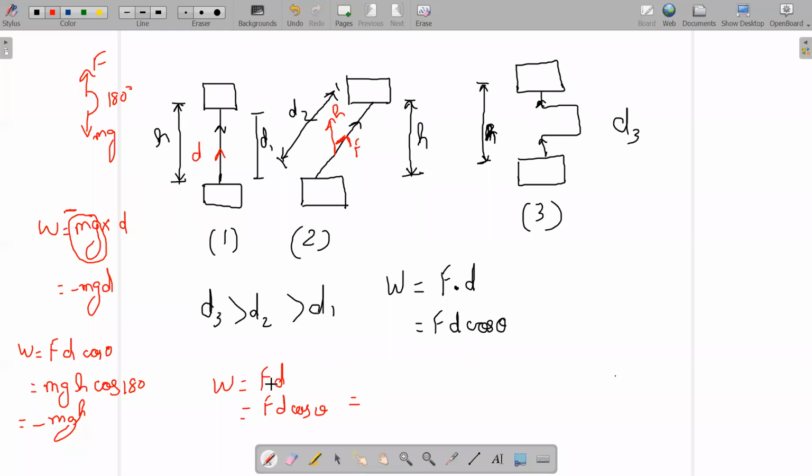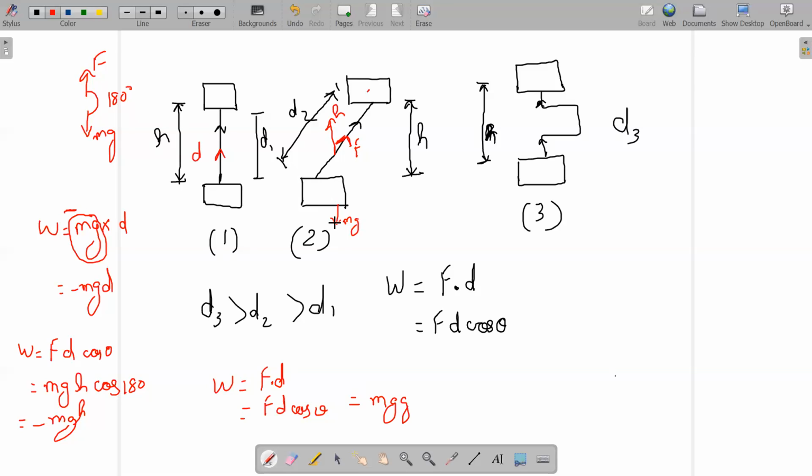The force acting on it is mg in this direction, and we are lifting this block from this position to this in the opposite direction, so we have to apply a force mg in the opposite direction, as in the first case. So the force applied is mg, but what is the h here? The displacement that takes place.